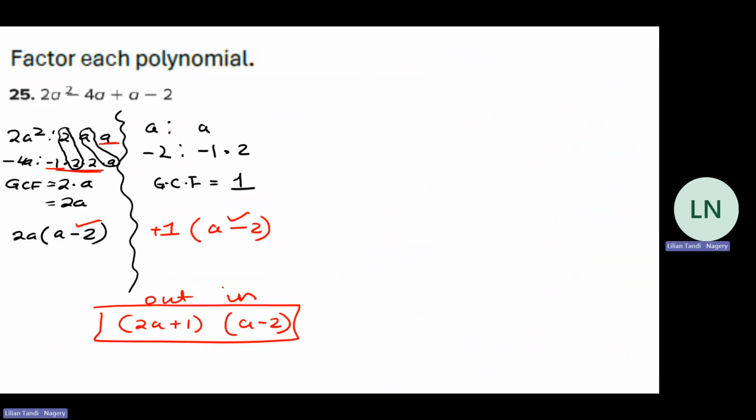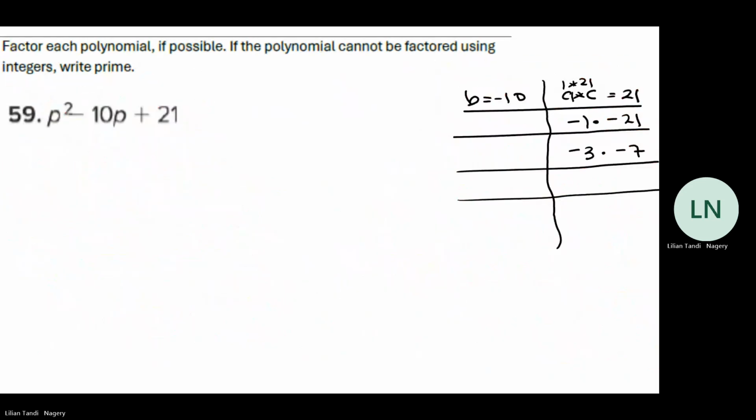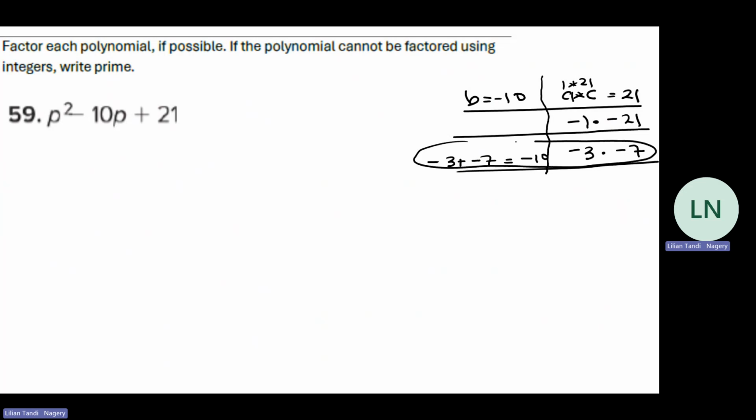I have a feeling I had done this. Okay, let's continue. There is no other factor. Those are the only factors of 21. So let us add negative 3 plus negative 7. That gives me negative 10. So this is my answer.